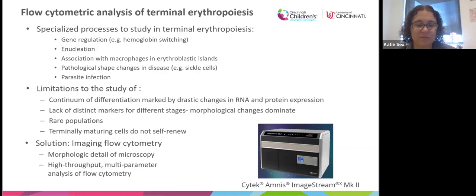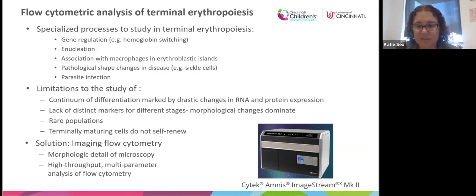So it's really the best of both worlds. The resolution isn't as good as microscopy, but it's way higher throughput, and vice versa. You don't get the imaging with the flow cytometry, but you get all these parameters that you can analyze. And seeing really is believing.